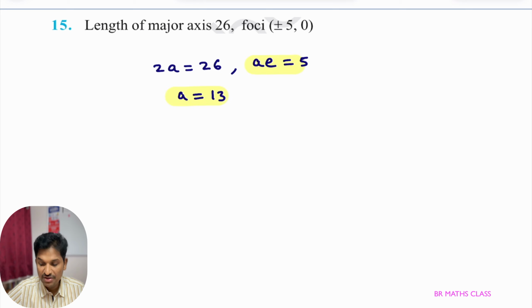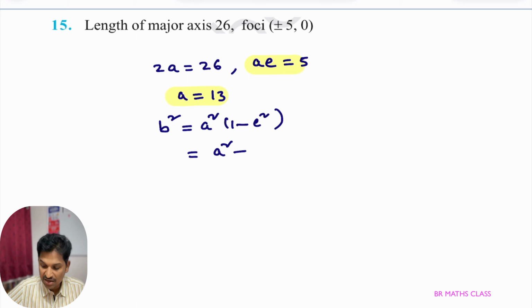Now A value is there, AE value is there. As it is first type of ellipse, we know this formula: B square equal to a square into 1 minus e square. Multiply, a square minus a square e square. As a is 13, a square value is 169. As ae is 5, a square e square value is 25. So this is 144.